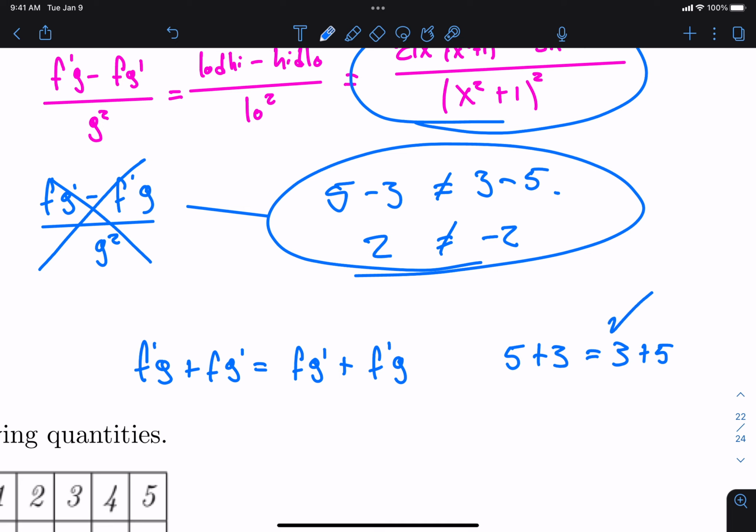So it's okay to mix up the order for the product rule, but not for the quotient rule. Does that clear everything up? All right. Good question. Are there other questions related to this?